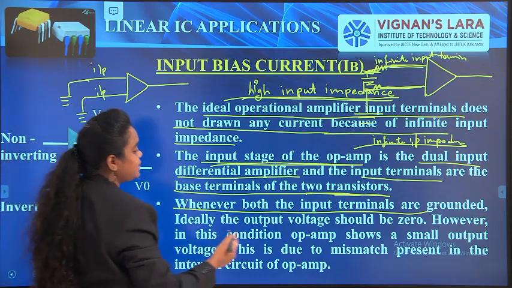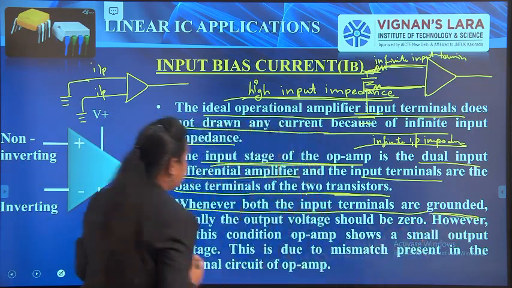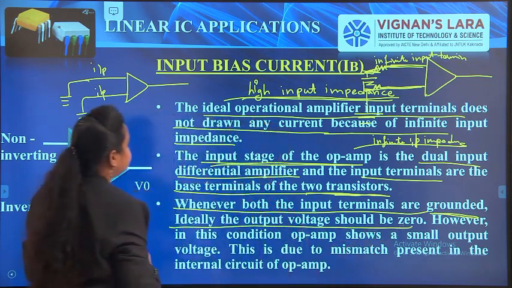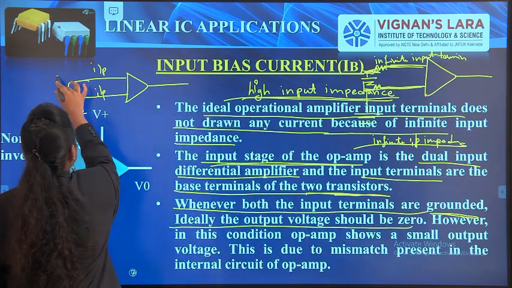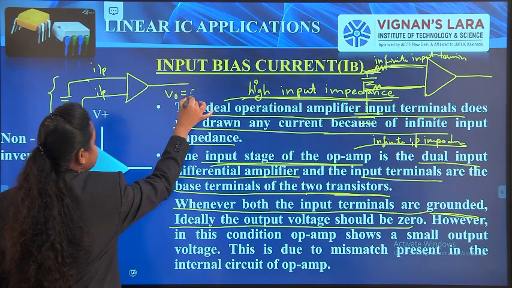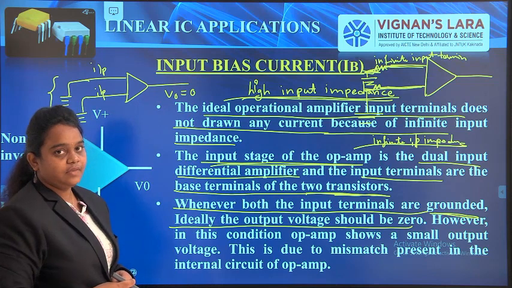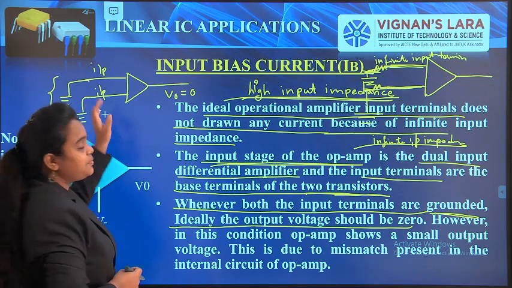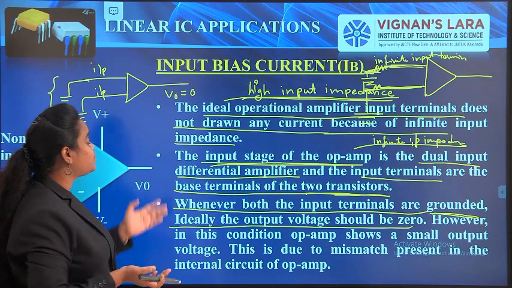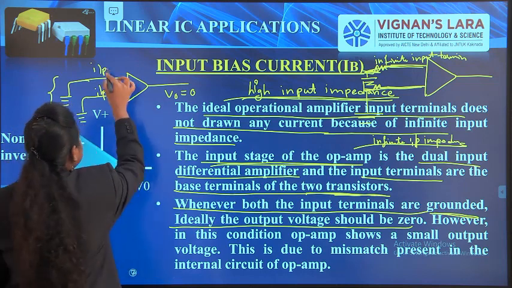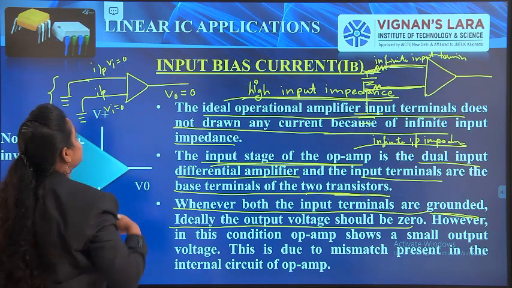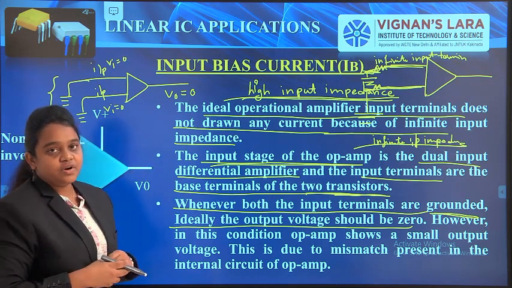Whenever both input terminals are grounded, ideally the output voltage should be 0. Why? Because the voltage input is 0 and the voltage input is 0, so obviously the output voltage is 0.